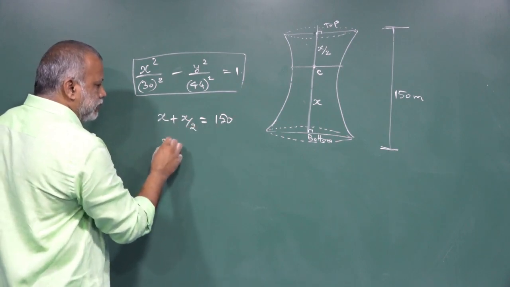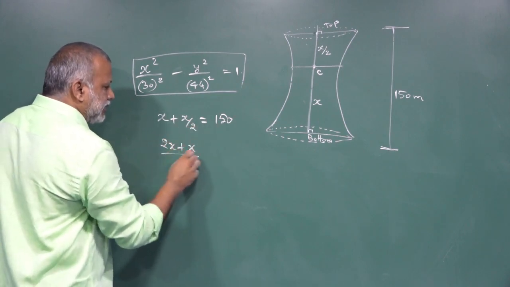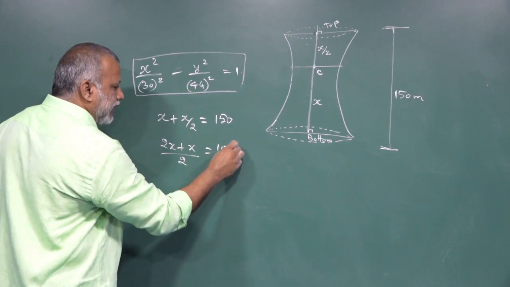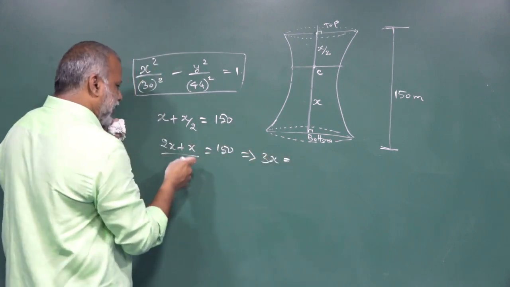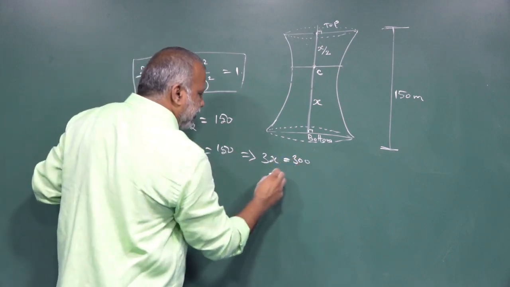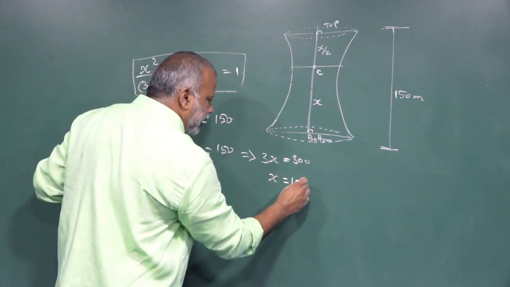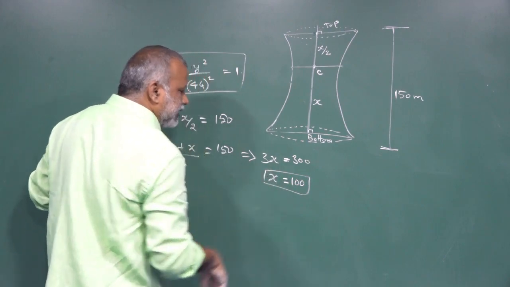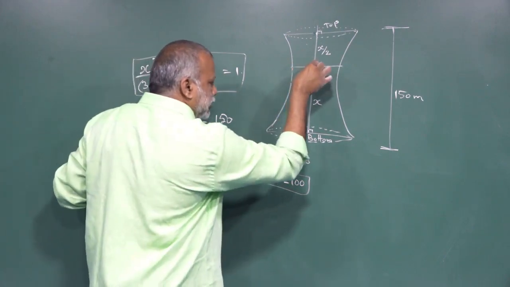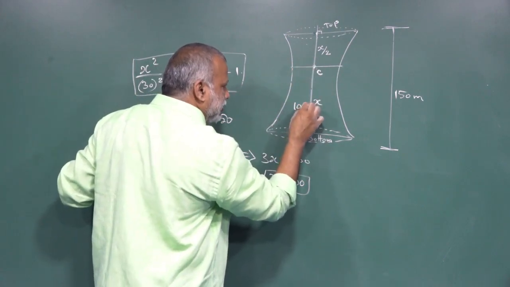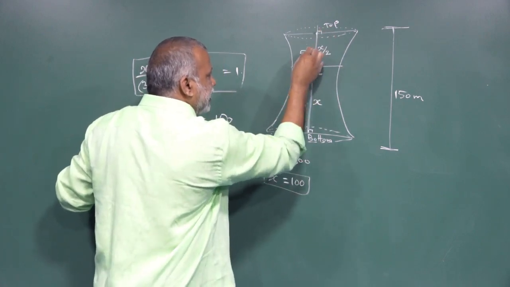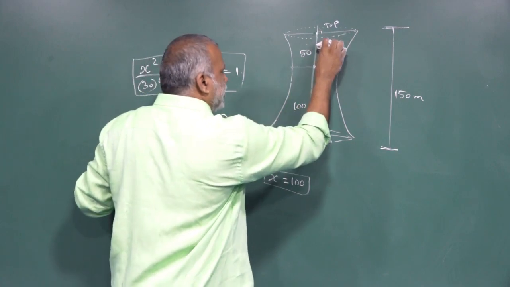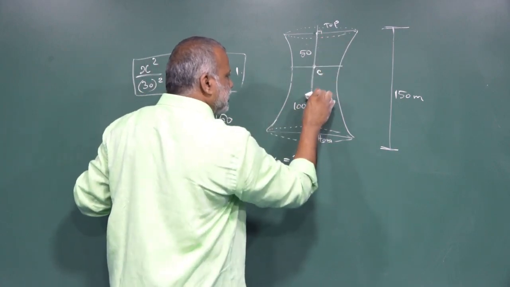Then take the LCM: 2x plus x divided by 2 equal to 150. Then cross multiplying, 3x equal to 300. From this I can say x equal to 100. This is the first information. Therefore, center to the bottom is 100. Then half of this means we can get 50. So now I am removing this x by 2 and this x.